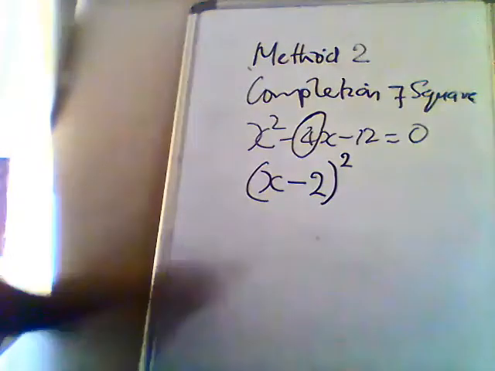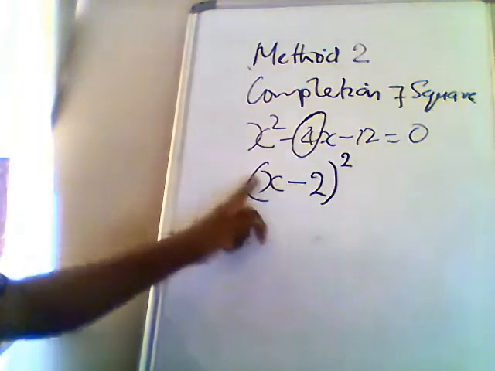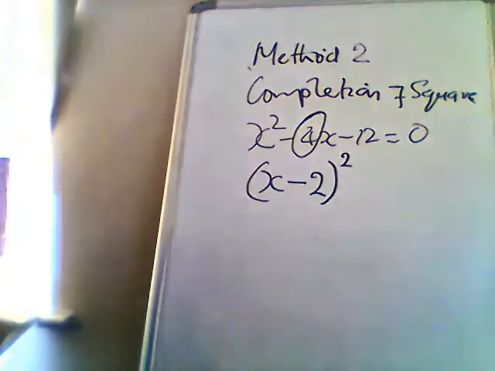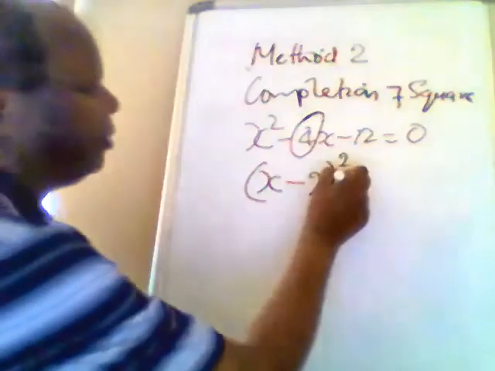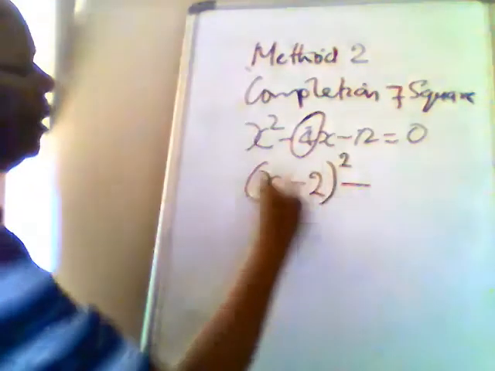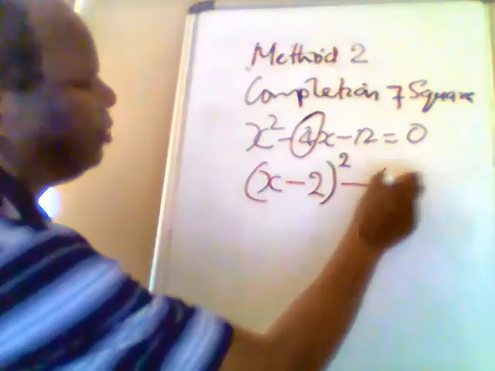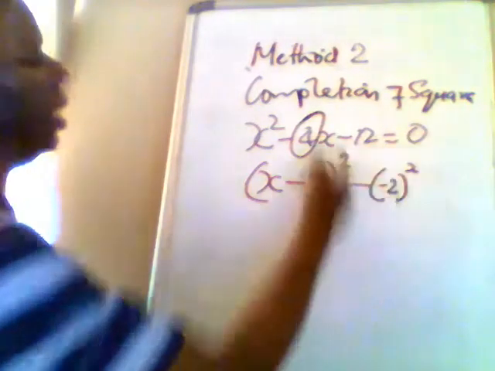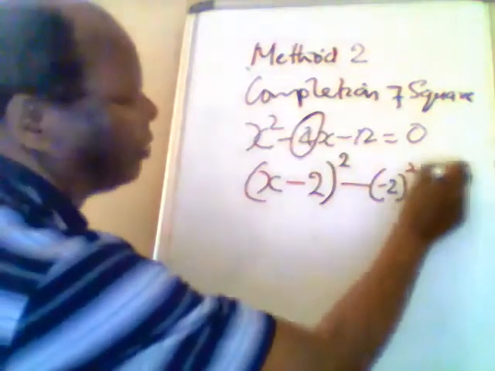Okay. So therefore, this is going to be x minus 2 in brackets squared. And then I am going to take away this number here, which is minus 2 squared, and then take away 12, which I already have there, equals 0.